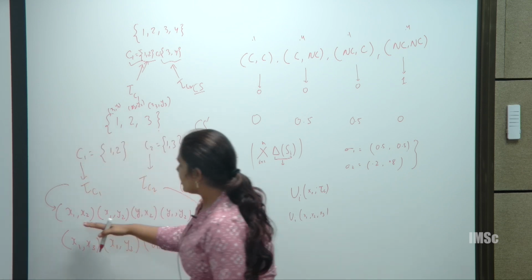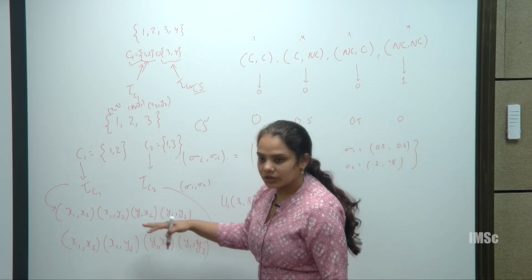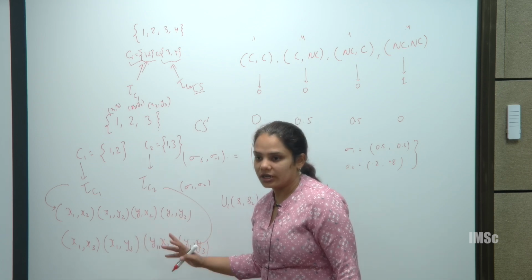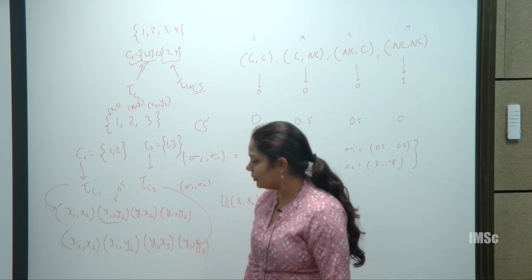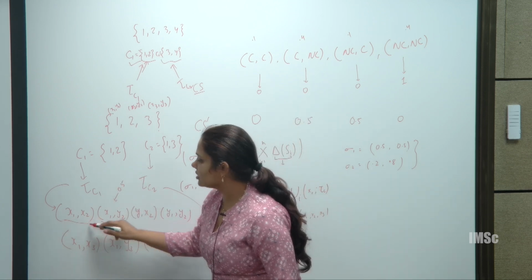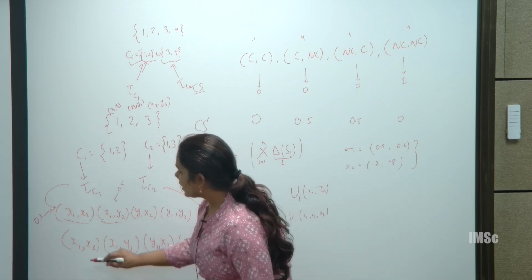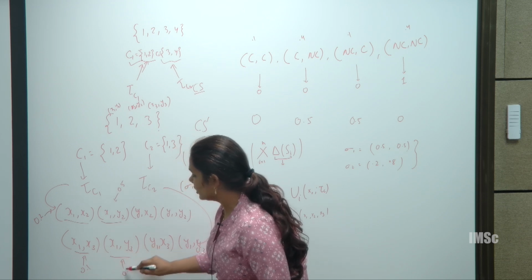There are probability distributions associated with it, and they could be very conflicting with each other. For example, this has, let's say, 0.5 probability, this has 0.2 probability, whereas this one has 0.1 probability and this one has 0.1 probability.